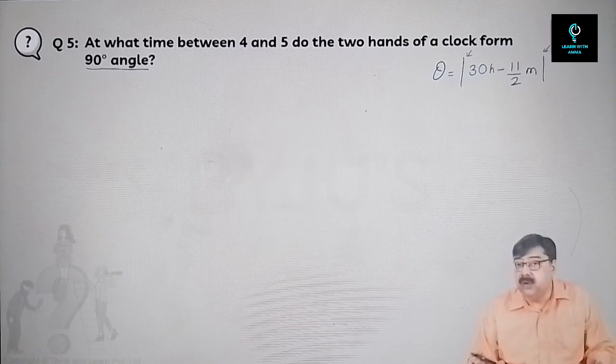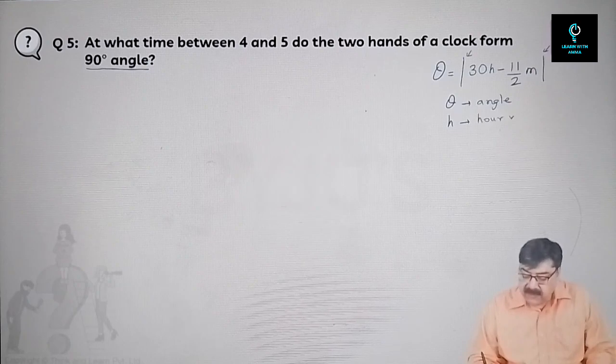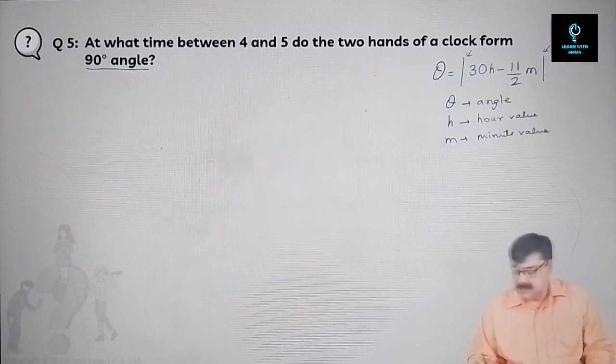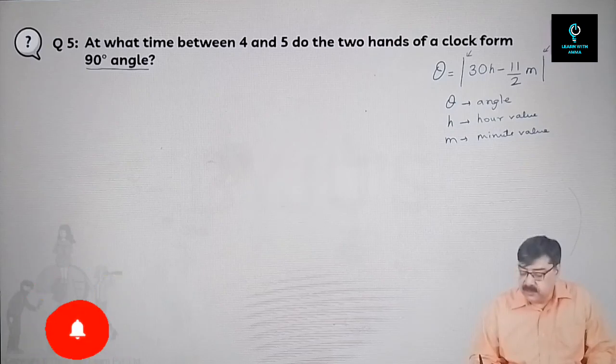That is, the value obtained here cannot be negative. So theta, as you know, stands for the angle between the two hands. H stands for the hour value, and M stands for the minute value. Now to find out the angle between the two hands, we will use this formula.